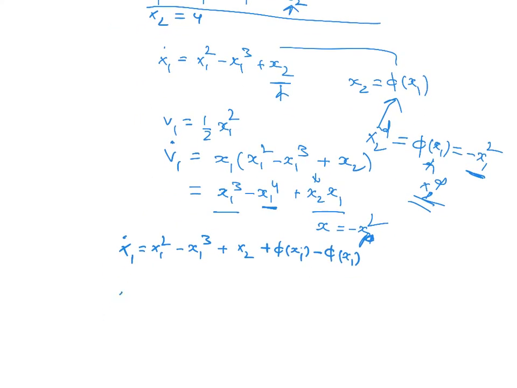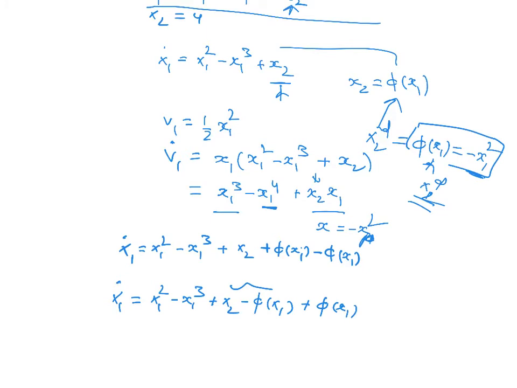So now it becomes x1 dot equals x1 squared minus x1 cubed plus x2 minus phi of x1. Phi of x1 is this, but we'll just keep it as phi of x1 for now. So this thing you can redefine as z, because that's the error.